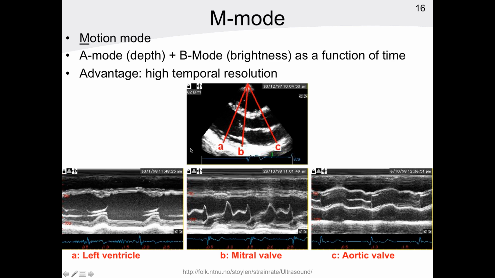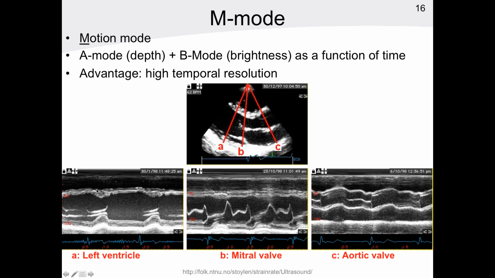Here at the top we have a conventional B-mode image with 3 different rays identified, which are used for the M-mode images below: A at the left ventricle, B at the mitral valve, and C at the aortic valve. Along each vertical distance we see different reflections from different depths.